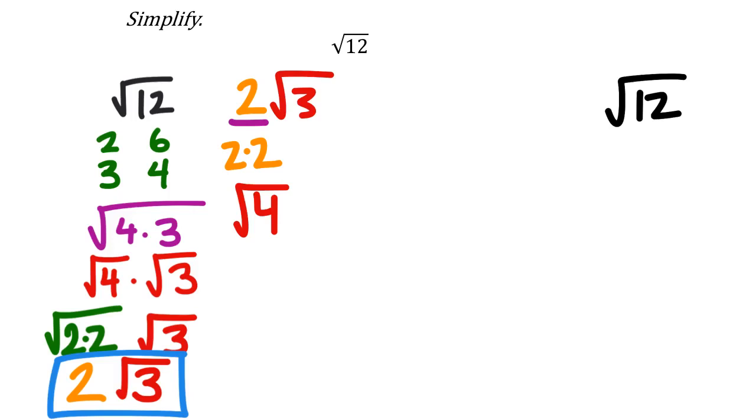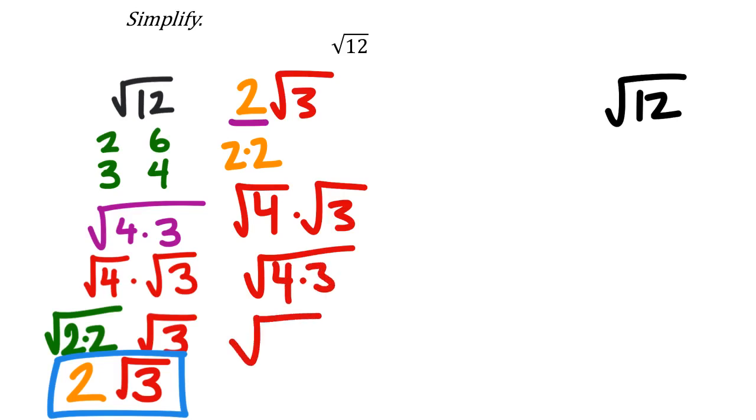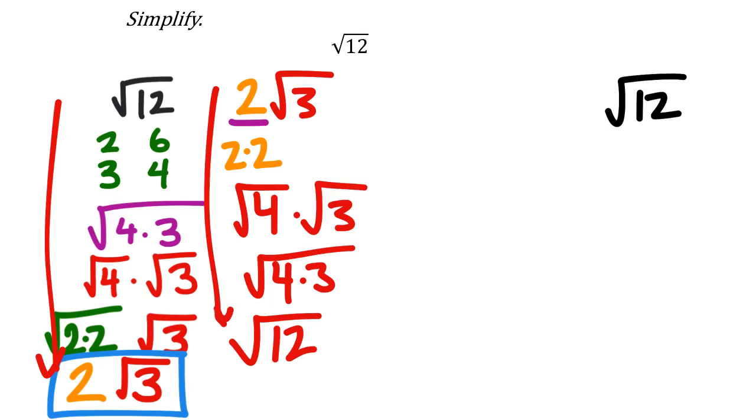But now it's the square root of 4 times that square root of 3. Well, I'll just combine them: square root of 4 times 3. Square root of 4 times 3 is 12. So this works down towards the simplified square root. This one works, I would say, in a backwards way.